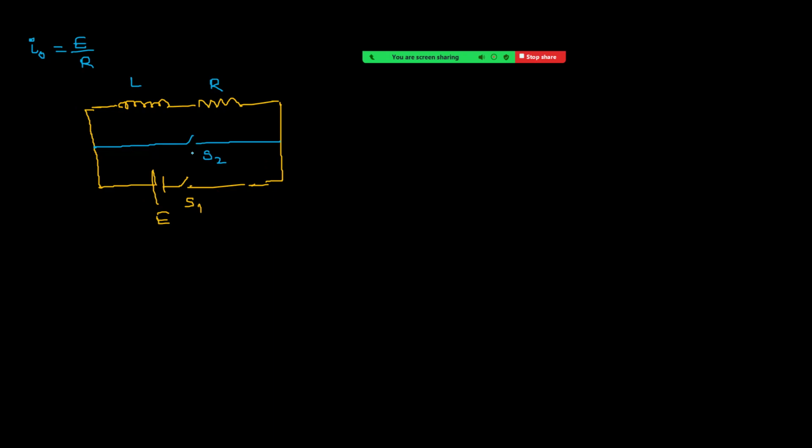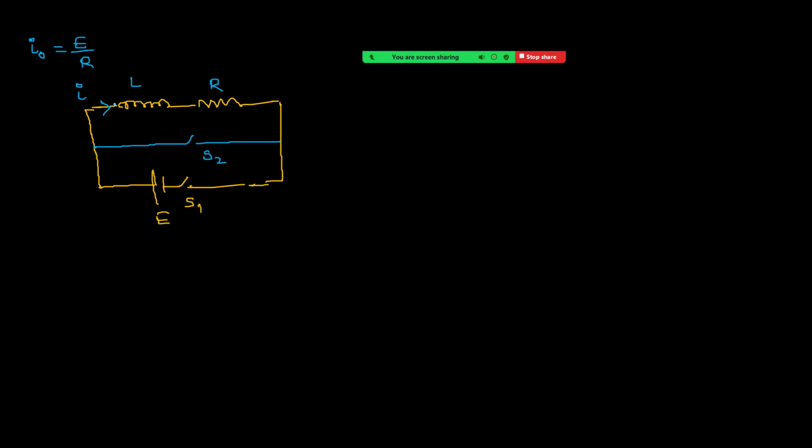Initially current was flowing like this. Now we are opening S1 and closing S2. Still current flows in the same direction, but now current is decreasing. See the meaning of that. Since we have peak current E by R, potential energy is stored in the inductor, in its magnetic field, as we learned in the last lecture.